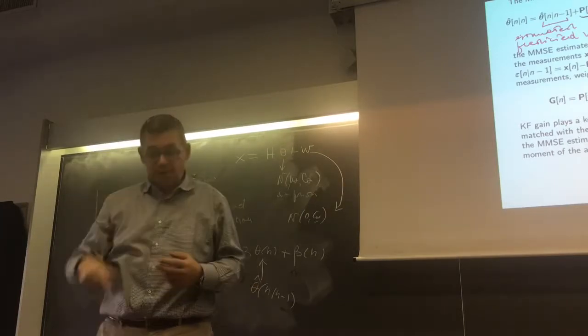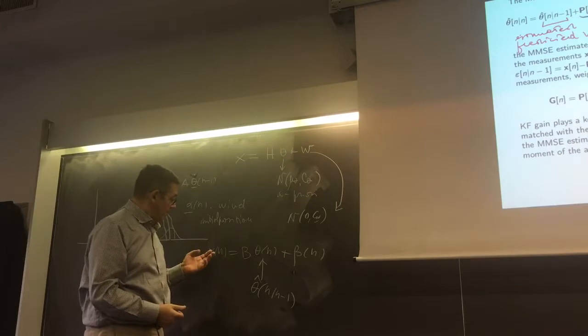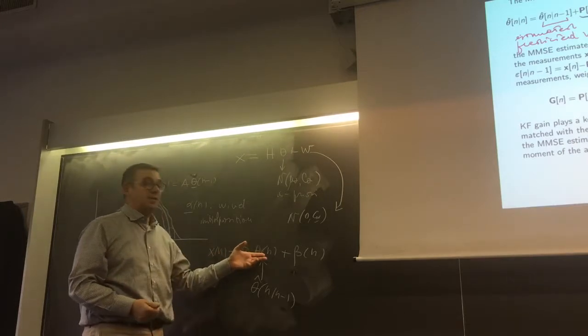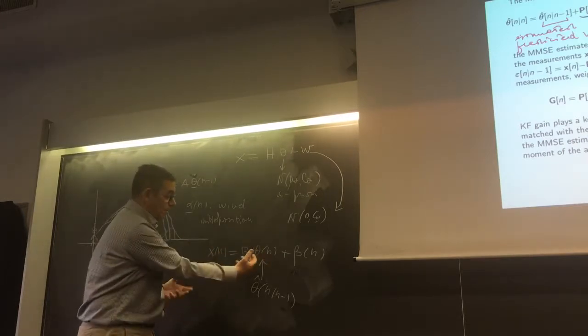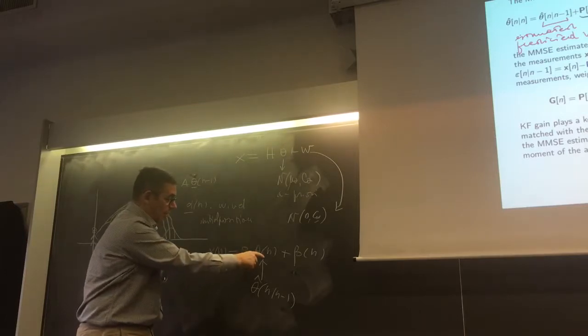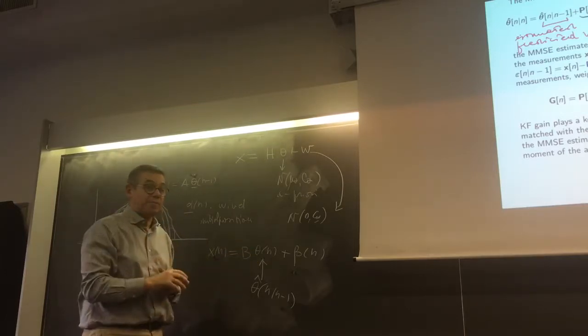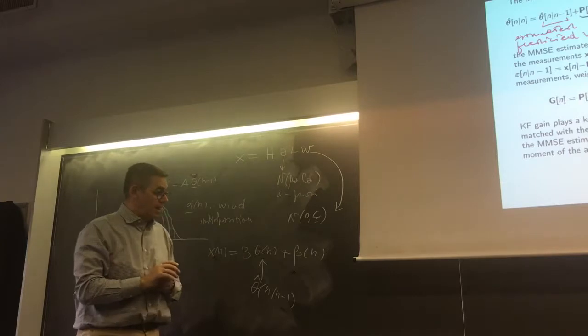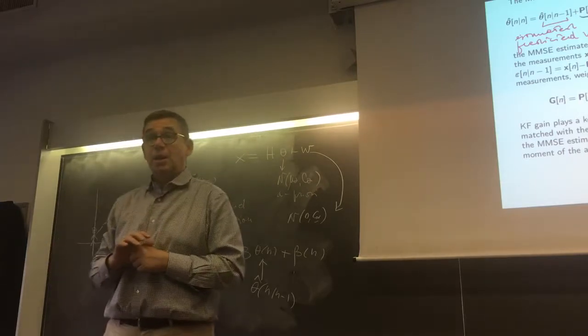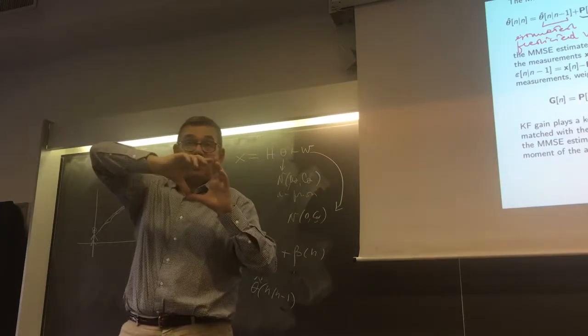And this error is coming from comparing my new data with the predicted output coming from the predicted value, which is b times theta hat and so on. Okay, so then it's carried out in this way.